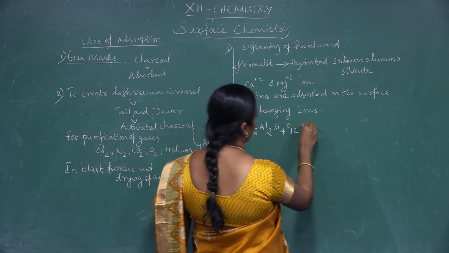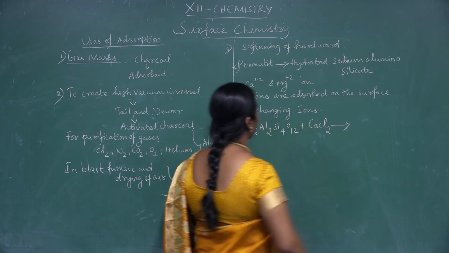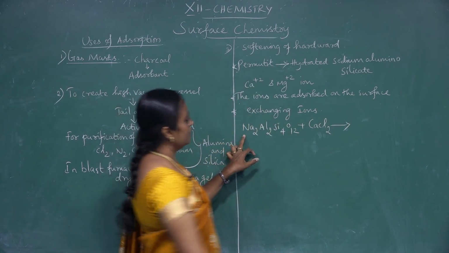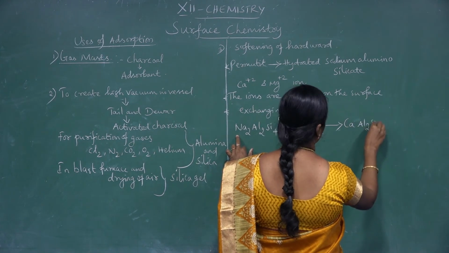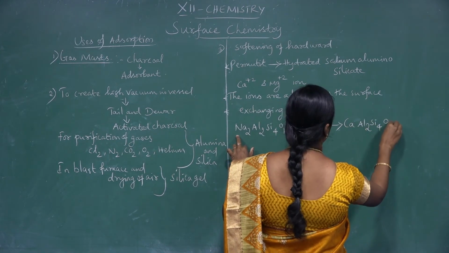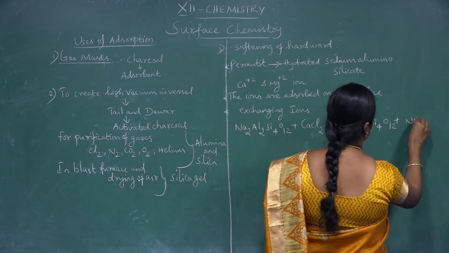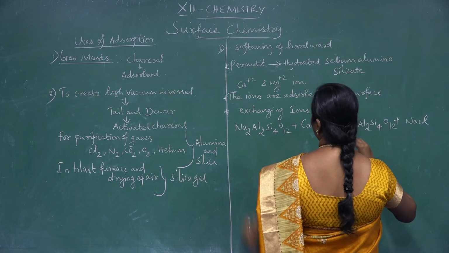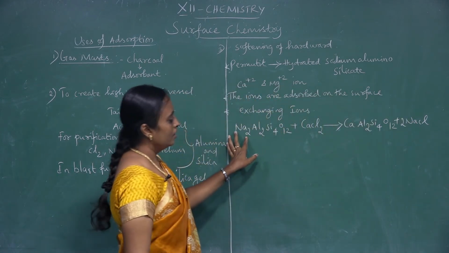If you take calcium chloride, there will be exchanging of the ions, and you will get CaAl2Si4O12, and in addition we get one side product, NaCl. To balance the Na, I will put 2 in front of it.